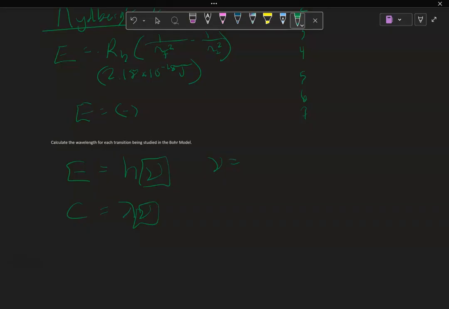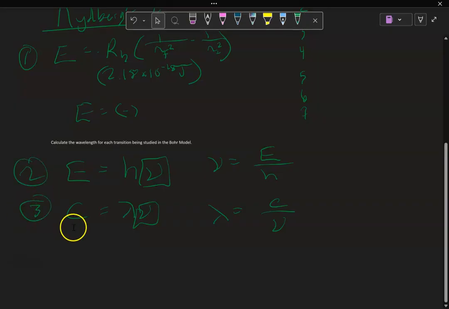So we're going to rearrange this: solve for the frequency, and then solve for lambda, which is your wavelength, using the speed of light and the frequency that you just calculated from the second equation. So this is your first, this is your second, and this is your third equation. You go through these individual steps to solve for the wavelength for that specific transition.